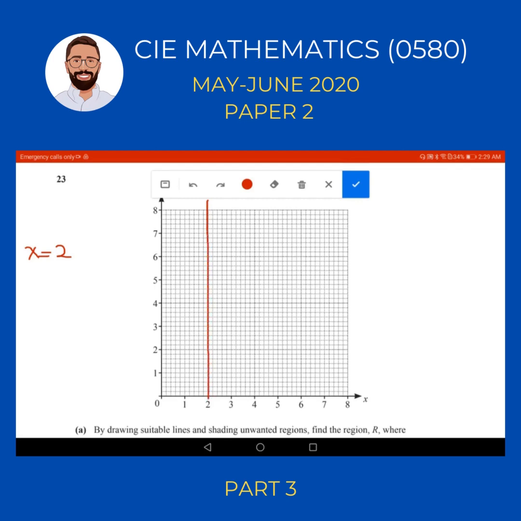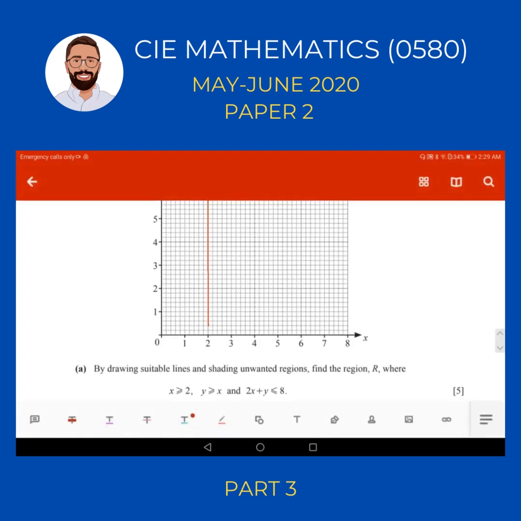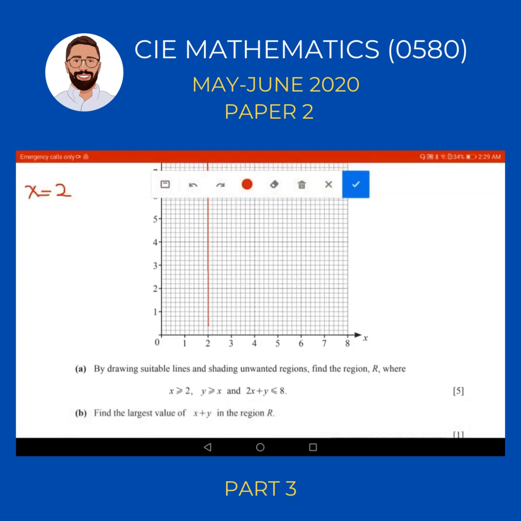So this is the straight line. It's actually good. Now it should continue till here. Yeah, so that was x equals 2.